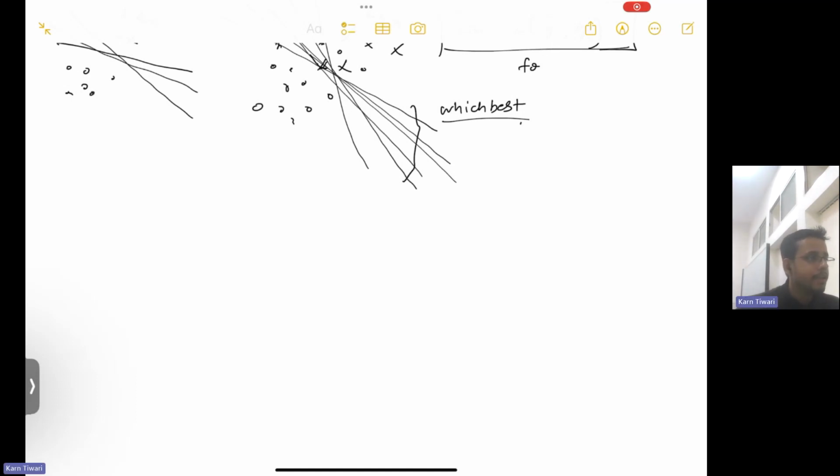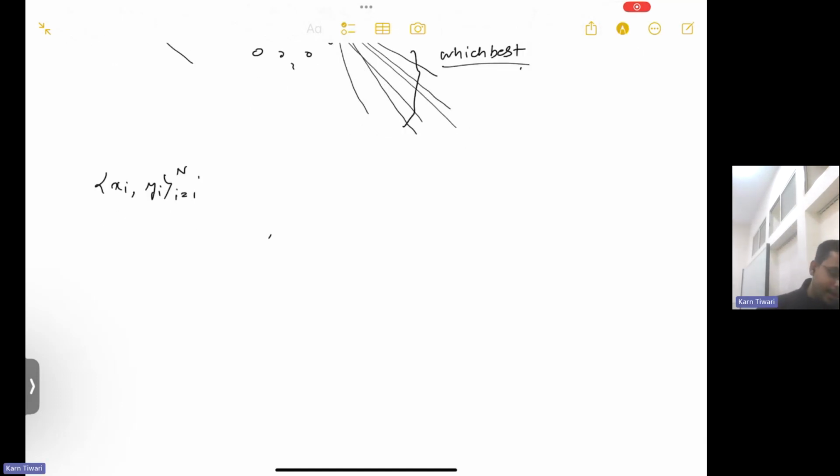So basically, in the sigmoidal form, we have been given the data of the form xi, yi, where i is ranging from 1 to n. This is the data we have, and we need a model that predicts y cap, which is of the form sigmoid neuron, 1 over 1 plus e to the power minus w transpose x.